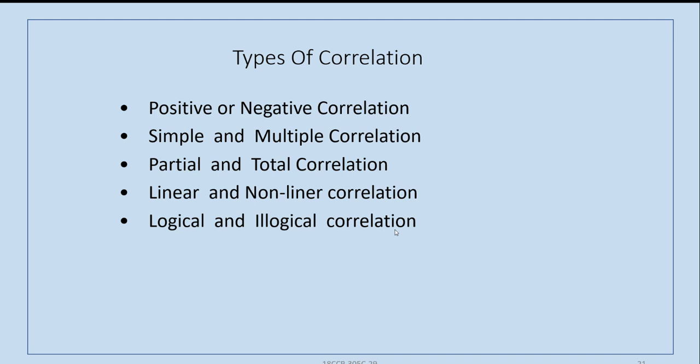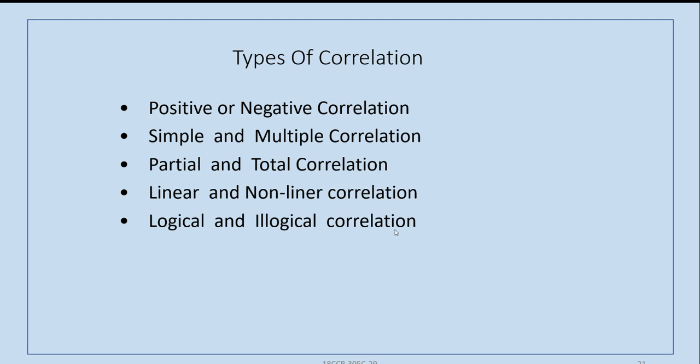Simple and multiple: simple correlation means if you see two things, you can simply say there is a relation. So many things are there in the world where if you see two things, you can say some relation is there between the two.